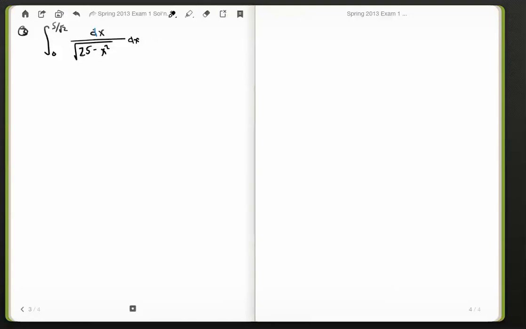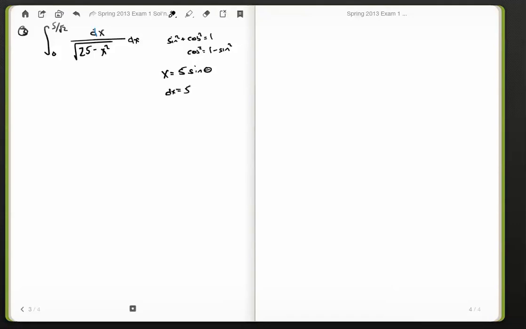Well, let's see, this is something minus variable squared, so I know that sine squared plus cosine squared equals 1, so if I subtract, cosine squared equals 1 minus sine squared, and that looks like this, constant minus variable squared. So I'm going to say that x equals, I want it to look like this, 5 sine of theta. What does that mean then?